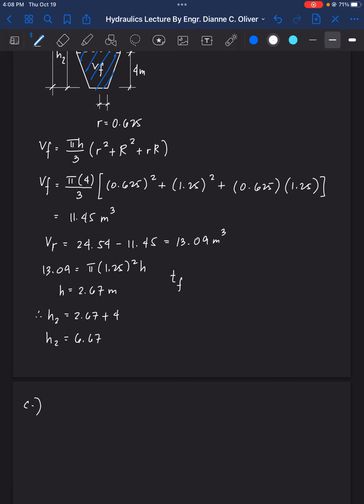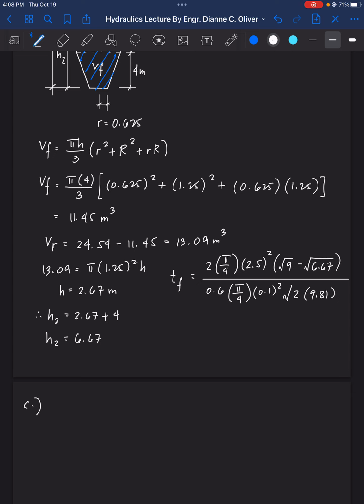So TF is now equal to 2 times the surface area pi over 4, the area, so diameter pi d, times square root of the initial height 9 and then the final height of 6.67 all over 0.6 for the coefficient of discharge pi over 4, area of the orifice, so the diameter is 0.1 squared, square root of 2 times the gravitational acceleration.